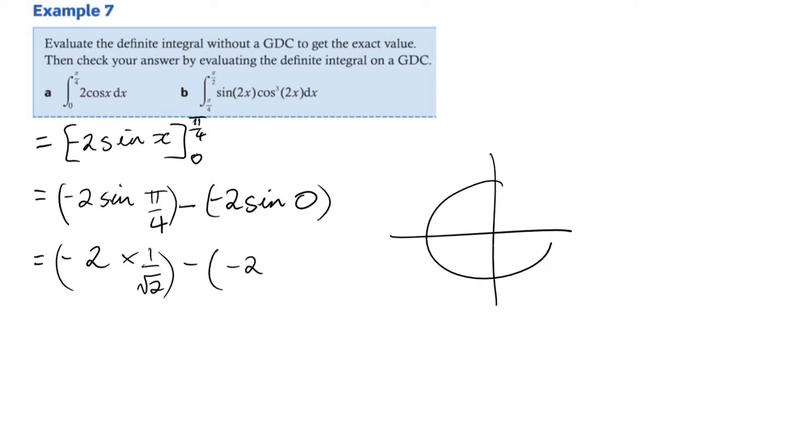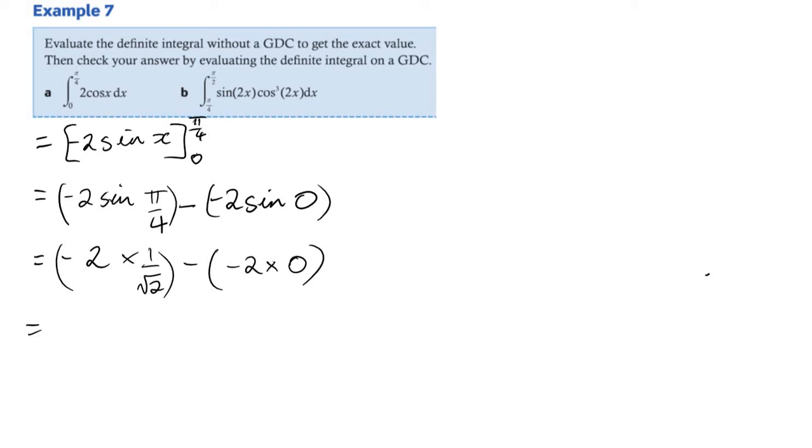Okay, what's sine of 0? If we go to a unit circle, sine is the y coordinate. The y value there is 0. Okay, so we've got negative 2 on root 2, or negative root 2 if we rationalize that denominator.